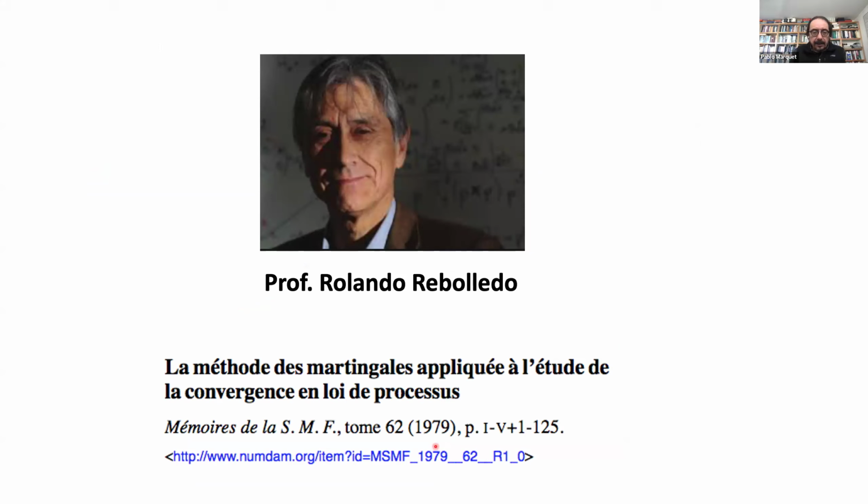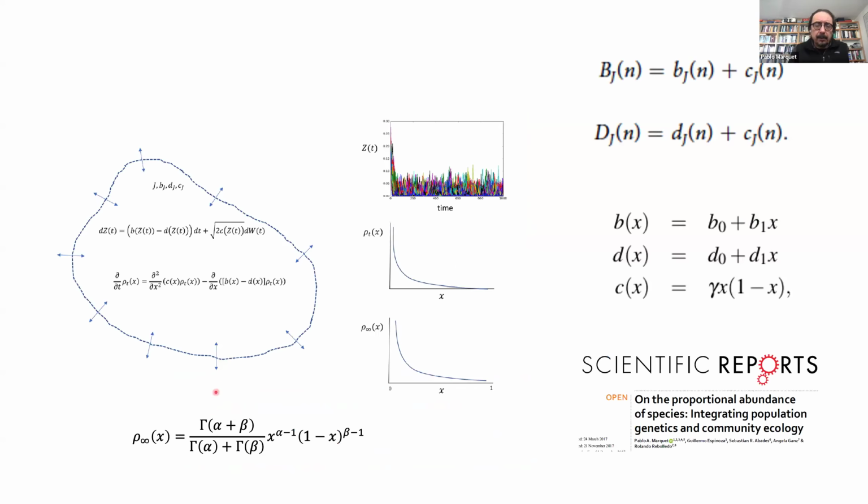And for his dissertation back in 1979, he developed some theorems that allow you to actually work with this distribution using martingales. So what we set out to do was pretty much this. If you look at the left, we are working with a system that has this dashed contour, meaning that it is our main system.